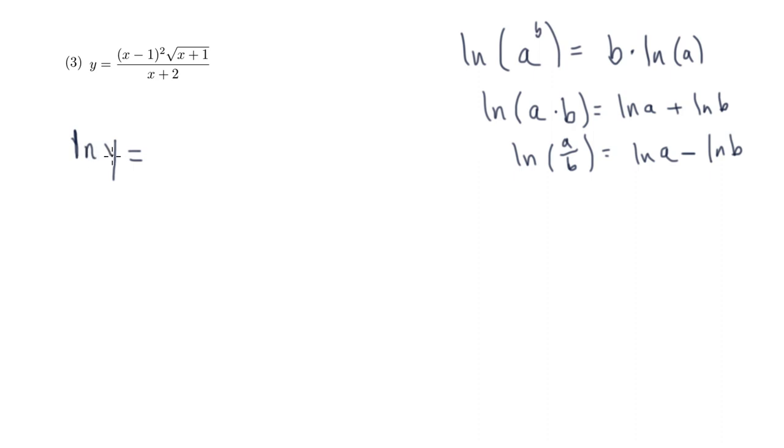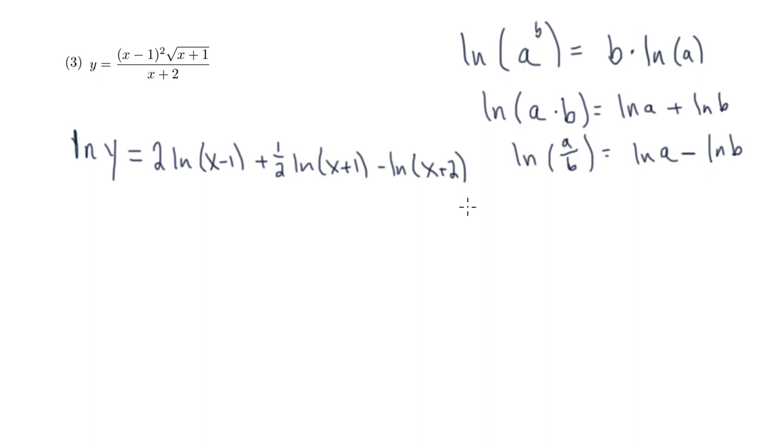What is natural log of y? Well, here's what it is. It's 2 natural log of x minus 1 plus 1/2 natural log of x plus 1 minus natural log of x plus 2.